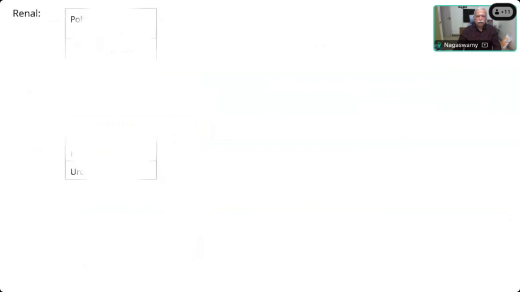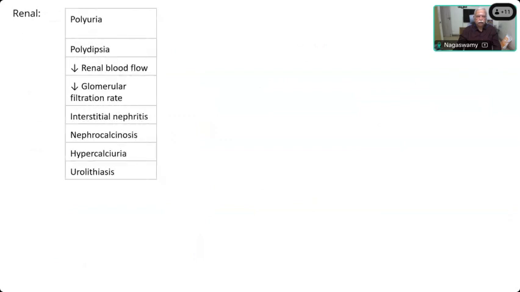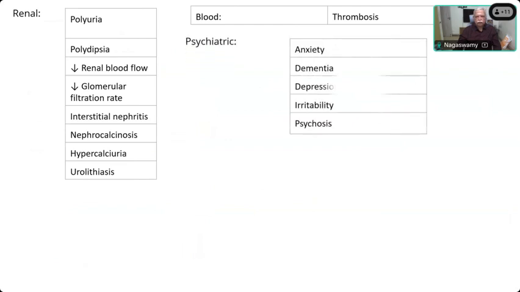Renal: you have polyuria, polydipsia, decreased renal blood flow, decreased GFR, interstitial nephritis, nephrocalcinosis, hypercalciuria, and stone formation, urolithiasis. Blood: you may get thrombotic events. And psychologically, the patient may have anxiety, dementia, depression, irritability, and psychosis.